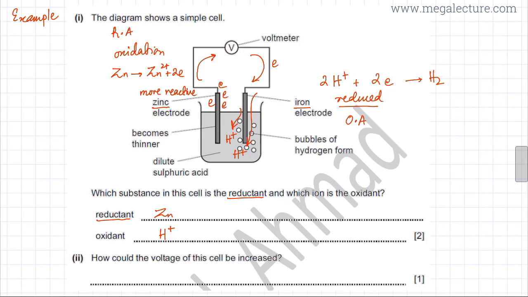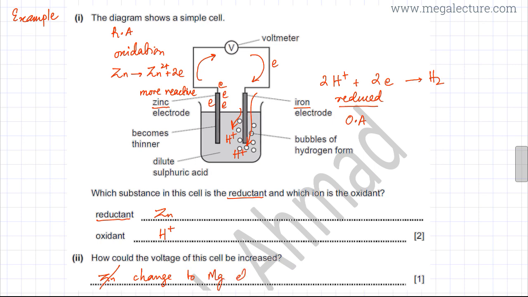The last part of the question is, how could the voltage of the cell be increased? There are two ways of increasing the voltage, and we have discussed this as well. If there's more difference in reactivity of the electrodes, there's going to be more voltage. So instead of using zinc, use a more reactive metal: change the zinc to a magnesium electrode.